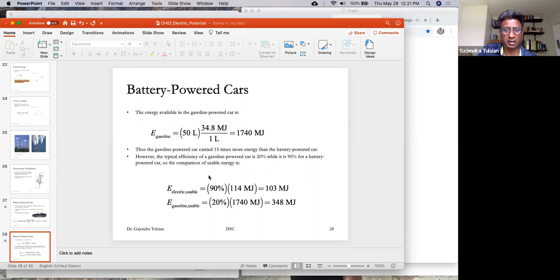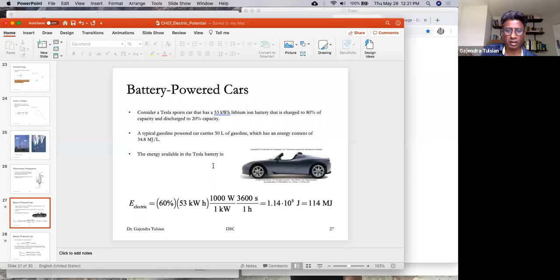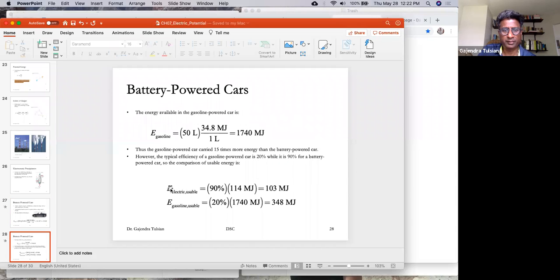It turns out that the electric motor is about 90% efficient. So it's able to convert 90% of the electrical energy into mechanical energy. So 90% of that is, so this much energy in motion is what you got out.